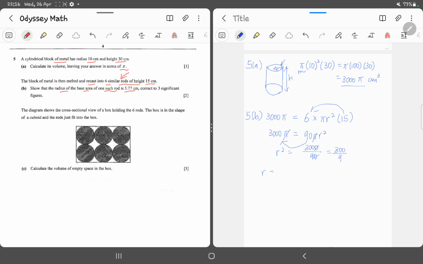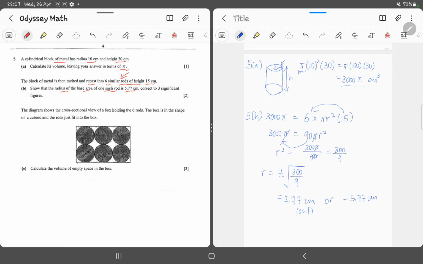If you want to find the r, you take the square root, but you must put a plus minus. Square root of 300 over 9 gives you 5.77 cm, rounded off to 3 significant figures, or minus 5.77 cm.